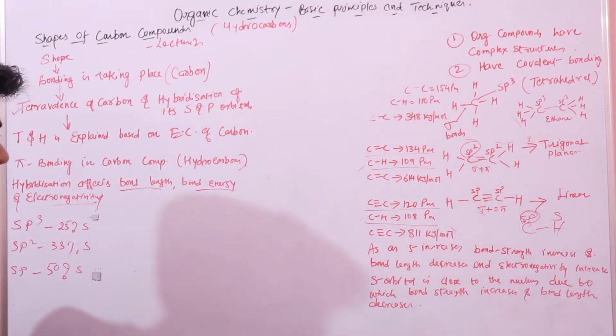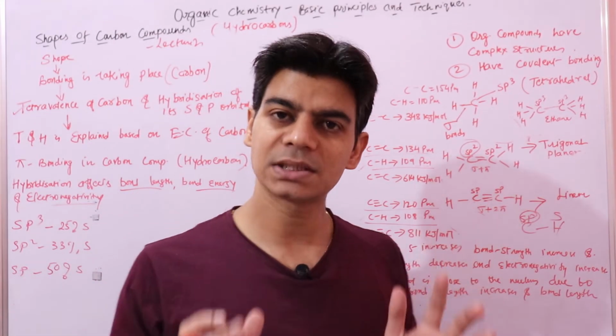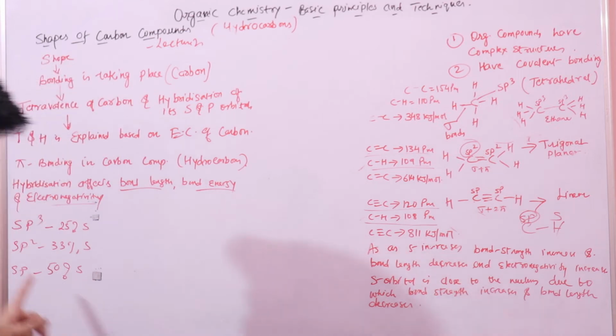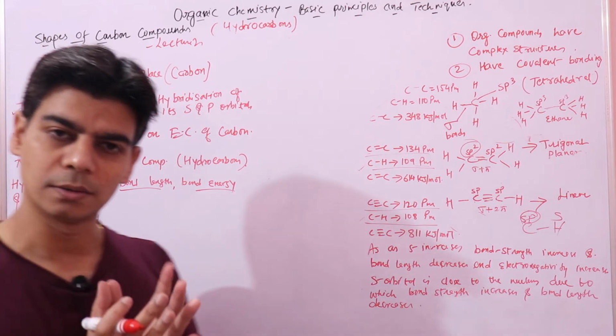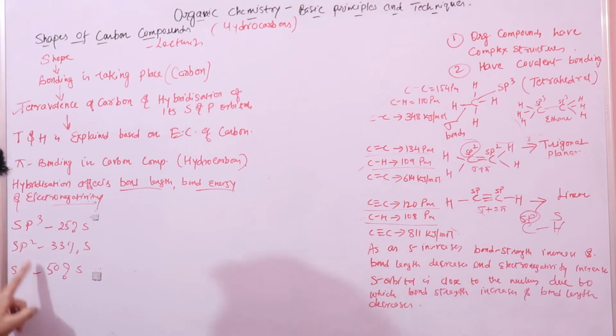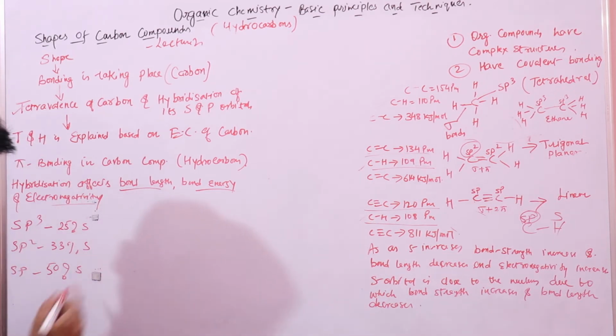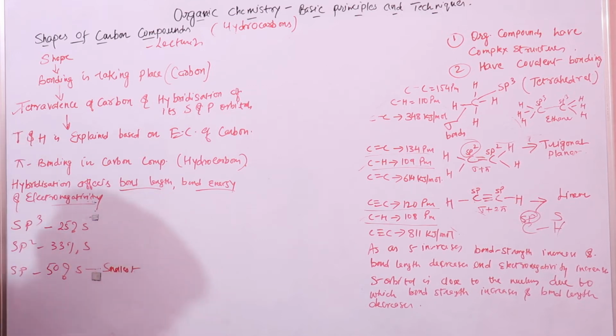And the second explanation that I gave was that this sp orbital has maximum s character, right? And we know that the s orbital is small. Since the s orbital is small, the sp orbital that has maximum s character is smallest among these 3.